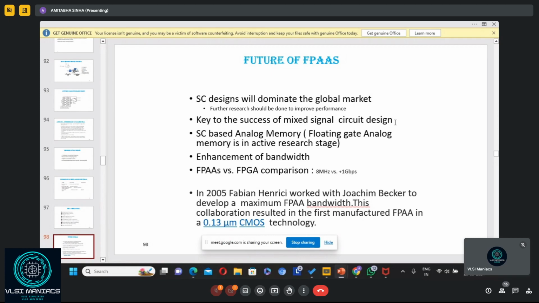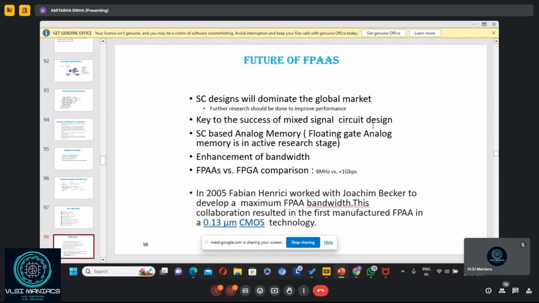That means one thing is very clear from our discussion, that we need analog as well as digital. The complexity of the analog circuits, comparatively, switch capacitor based circuits, is not that complex like digital circuits.